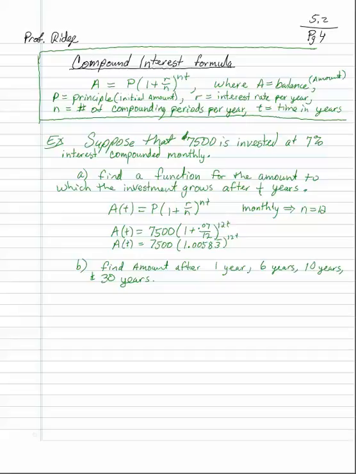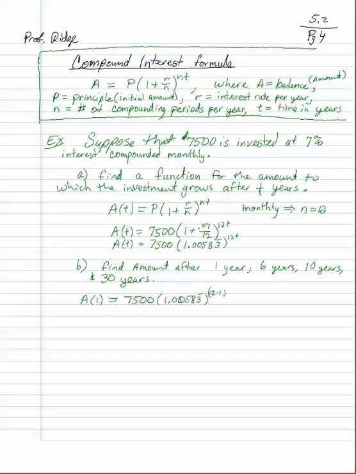Now find the amount in the account. What does the investment grow to after 1 year? So we want A of 1. We're going to do 7,500 times 1.005833 to the 12 times 1.